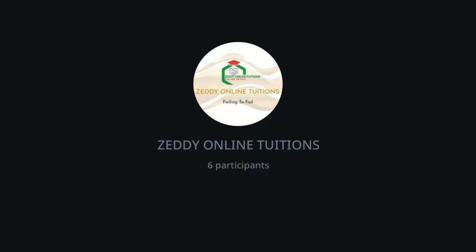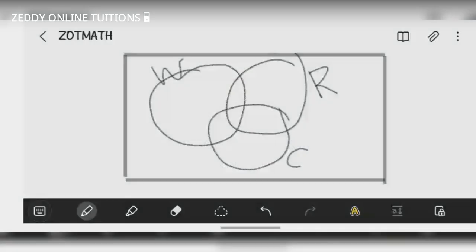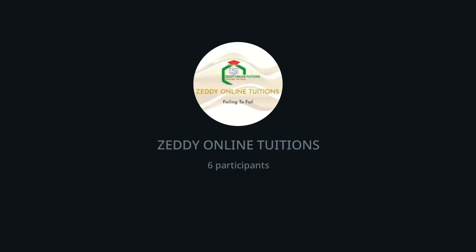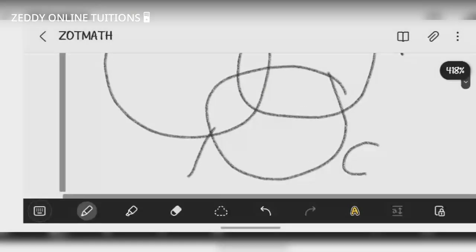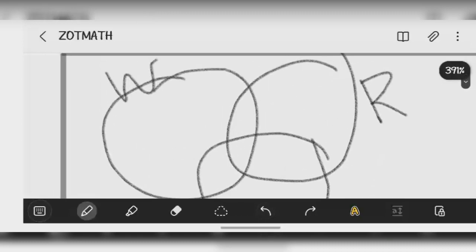So what you do when answering a question under sets, you first look at how many people did all the 3 activities. It may be 2 activities, but how many people did all those? In this case, we've been given that it's 3 people. You understand? So we'll put a 3 there.